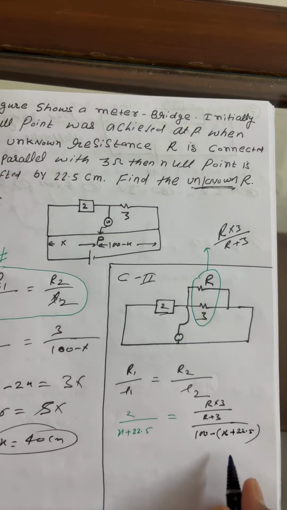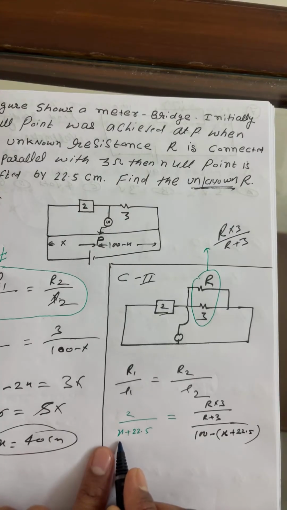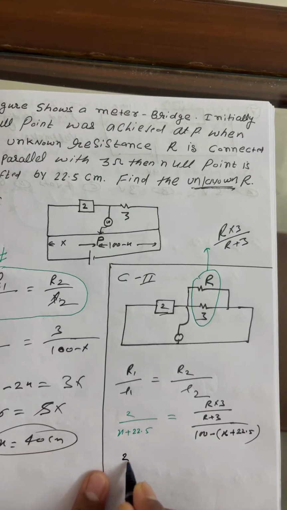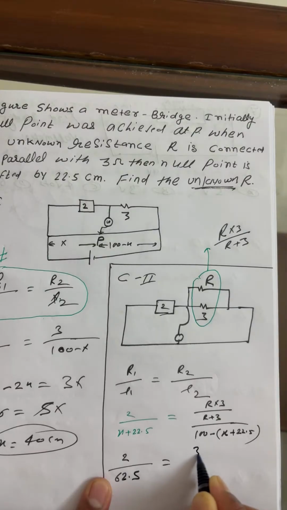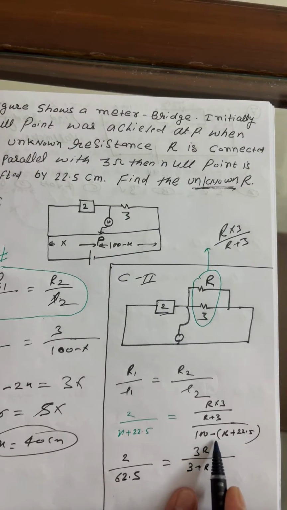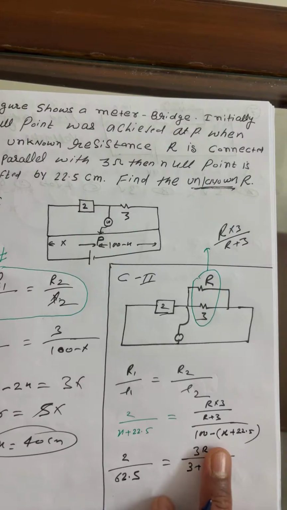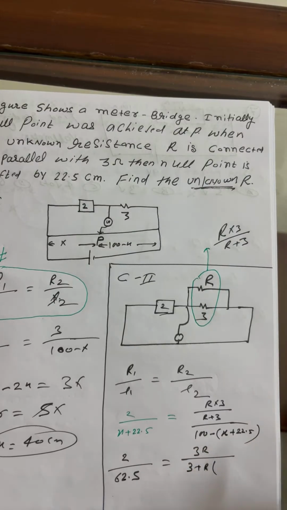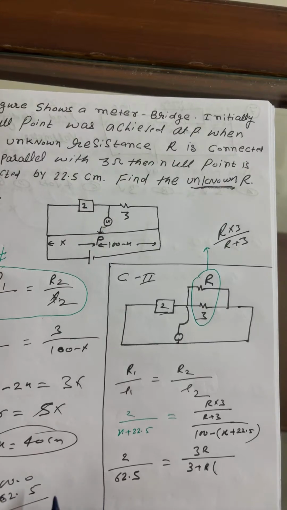Then just cross multiply. x is known for us here, we can simplify. It is 40. So you can write 2 upon 62.5 is equal to 3R upon 3 plus R into 100 minus x minus 22.5. So 100 minus 62.5. How much will you get here?